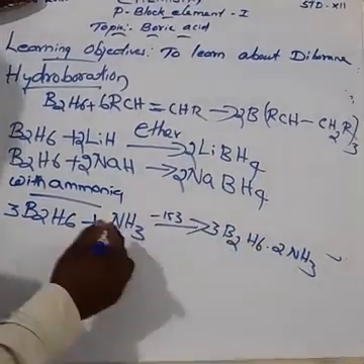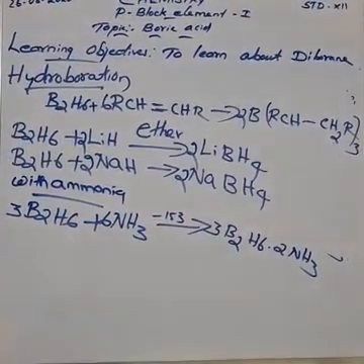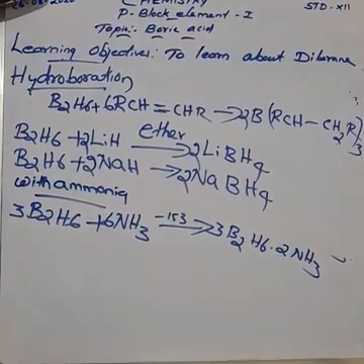Now 3 twos are 6 ammonia, so the equation is balanced.